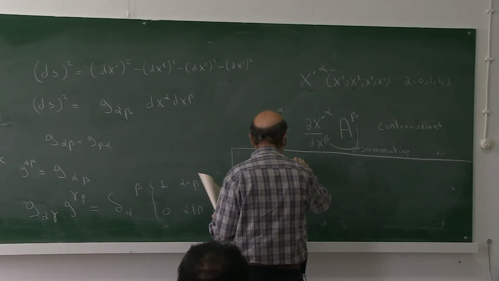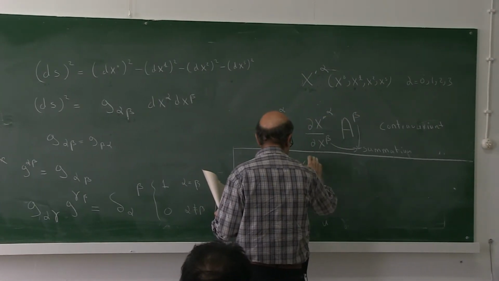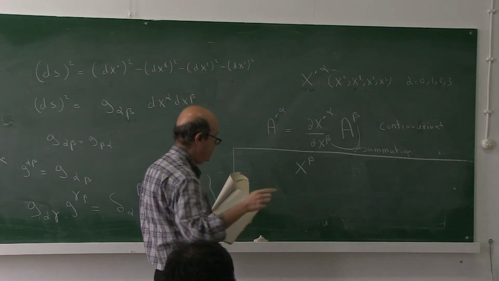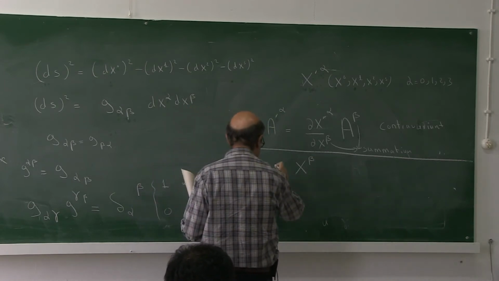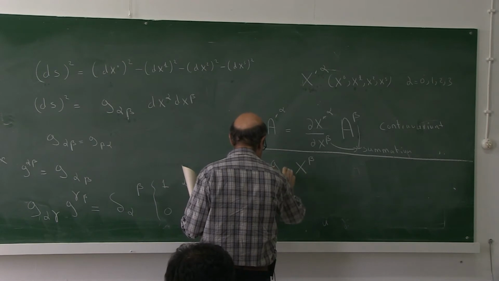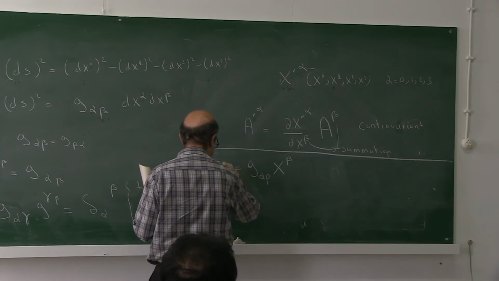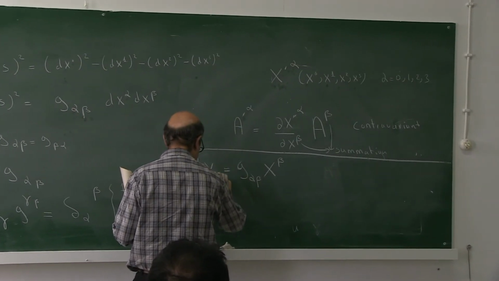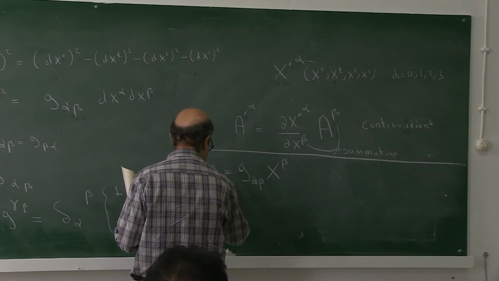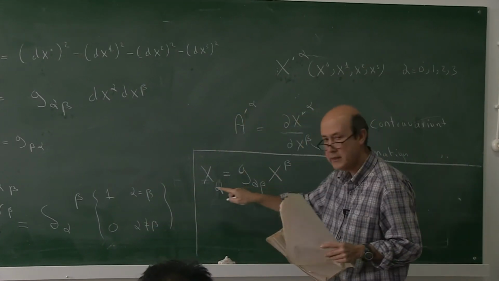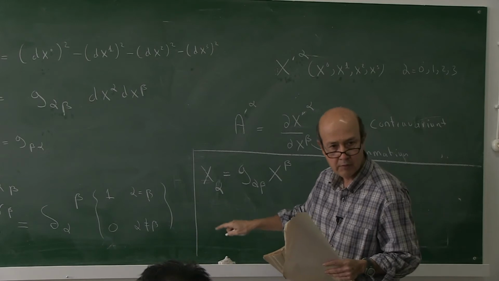If you have an index that is up, what is this? A contravariant vector. Act the metric tensor, contract with beta, and that will lower the index. Look at the free index. Beta is summed, the free index is alpha, that is low.